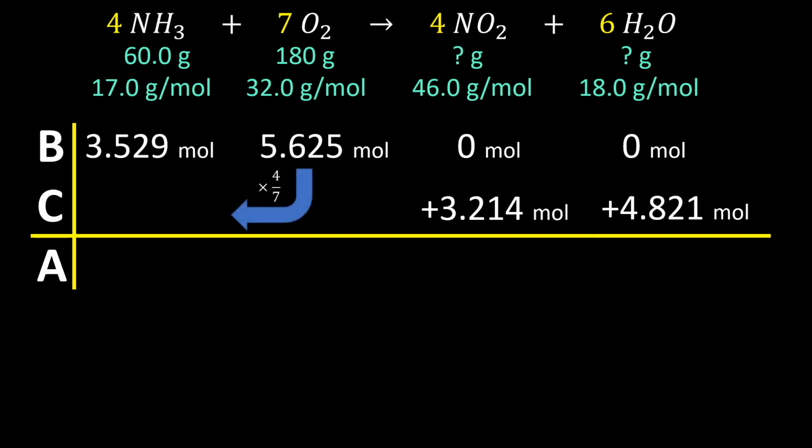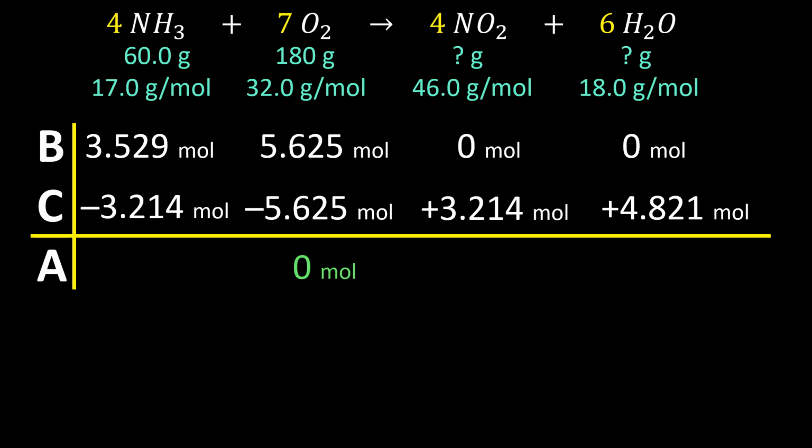Then I can calculate how much ammonia is required to fully react with the oxygen. Again, I'm using the coefficients in the balanced chemical equation, in front of the reactants. So the 4 over 7 gives me 3.214 moles that is going to be consumed in this reaction. Finally, since the oxygen is my limiting reagent, I'm going to use all of it, and it's fully consumed.